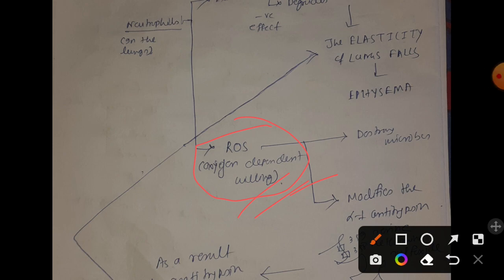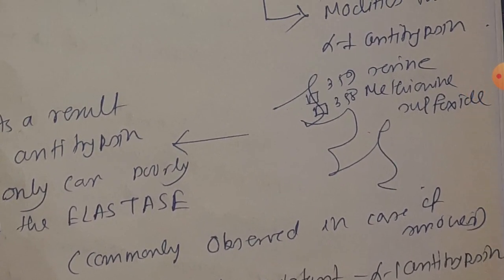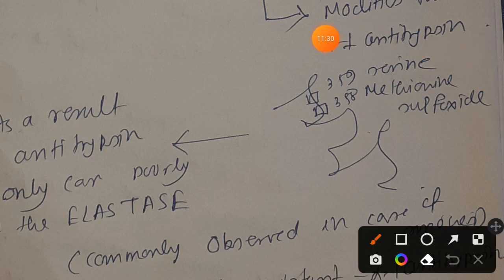Okay, that will also destroy microbes, but it has unfortunately another side effect, that is it has the ability to modify the alpha 1 antitrypsin. Okay, how? It will simply replace methionine with methionine sulfoxide in the 358 position, which is a bulkier group. As you can see, methionine is obviously less bulky than methionine sulfoxide, right?